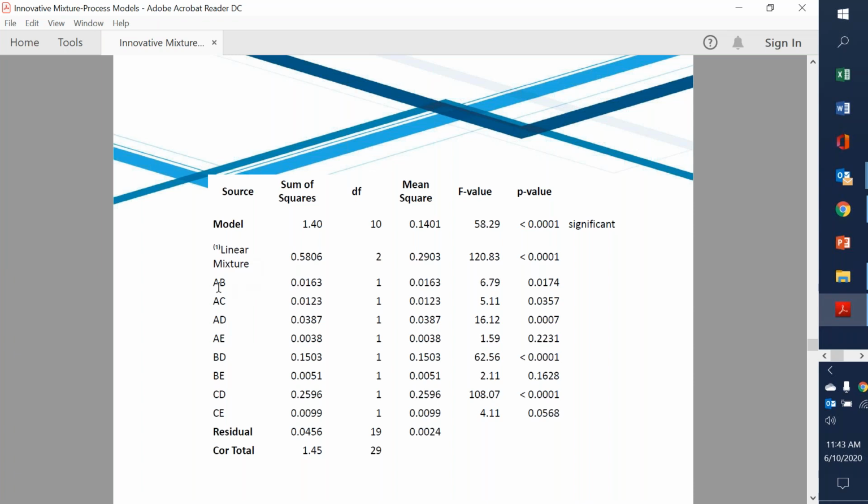So, linear mixture, that's the thing about that. So we look at the AB and AC interactions. Okay, so these are the mixture component interactions, and we see that they're important. And we begin to see now AD, BD, and CD. Okay, I've broken up the impact of the items into these three interactions.